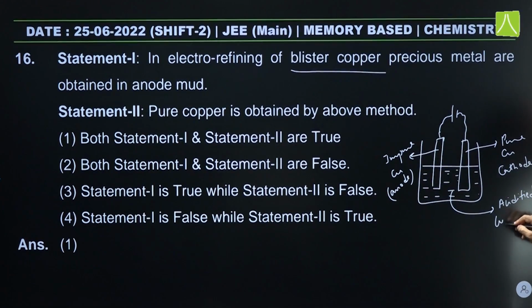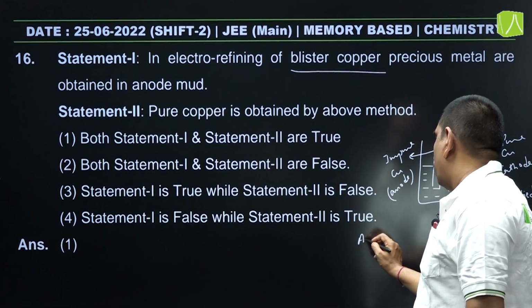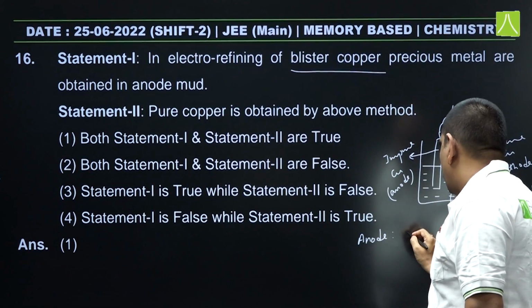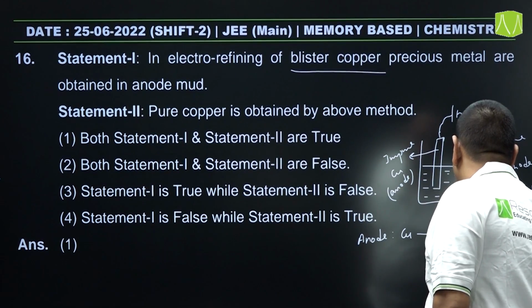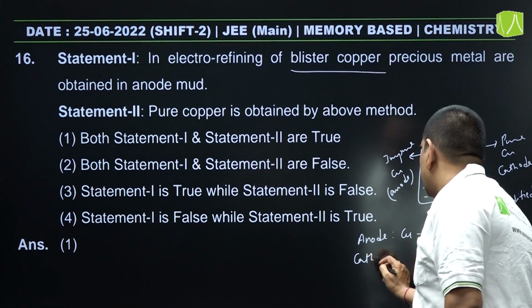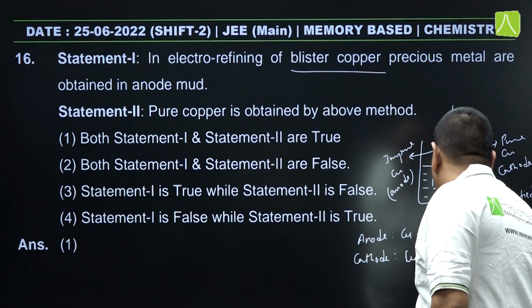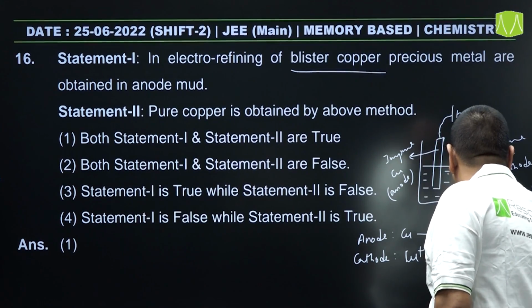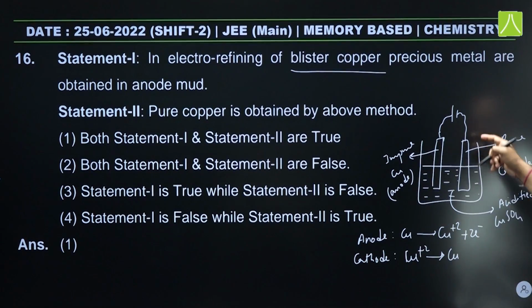On passing electricity, at the anode, copper from the impure anode gets oxidized, and at the cathode, copper ions from the electrolyte get reduced to copper and deposited on the pure copper rod.